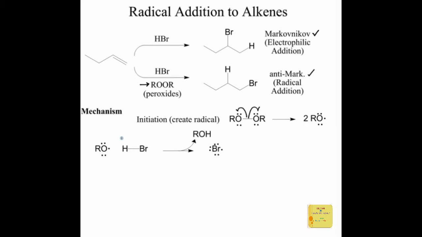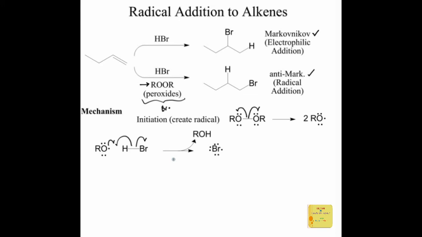So what this radical is going to do is a hydrogen atom abstraction on HBr and pluck off a hydrogen to give Br dot. And so ultimately the result of this reaction of HBr with peroxides is we're forming bromine radical. We're forming some Br dot.